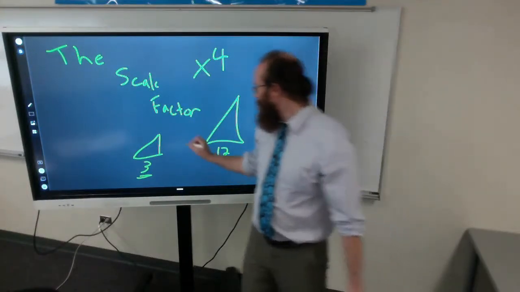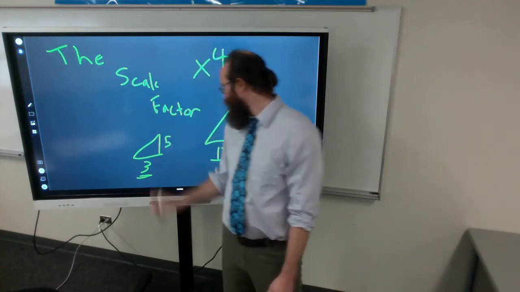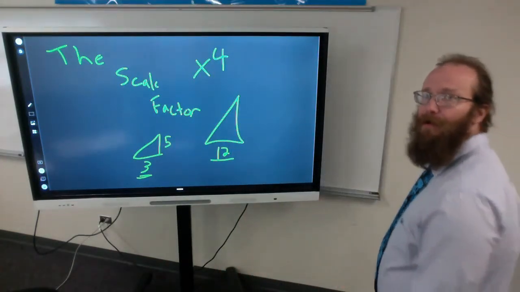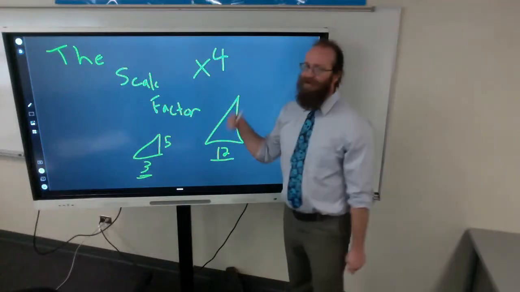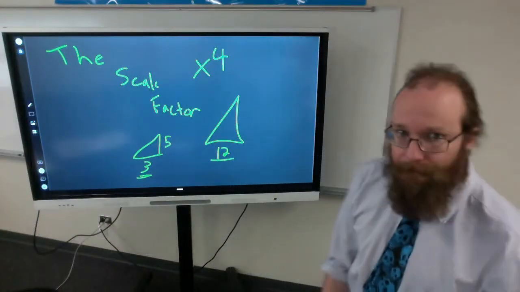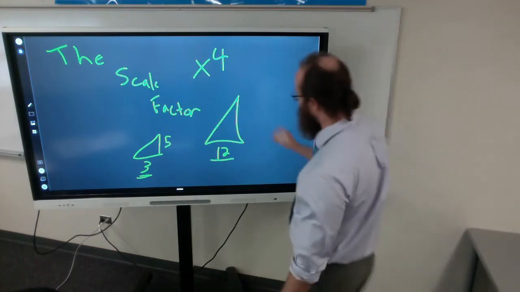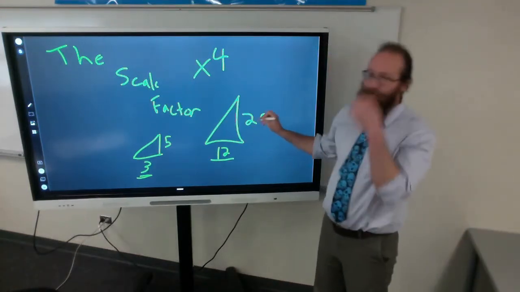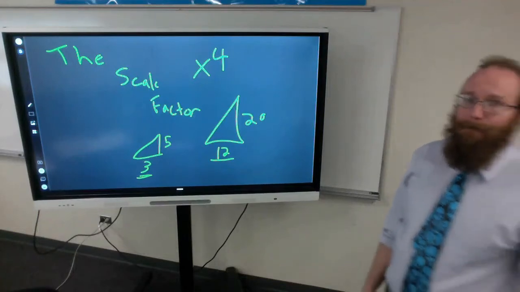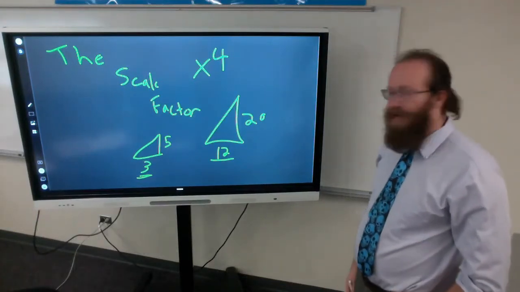I'm going to give you another side length and have you do it. So if the side length is 5 and we dilate it by a scale factor of 4, what would the new side length be? Very good. Congratulations. It would be 20. 5 times 4 is 20, and that is the bigger triangle, right?